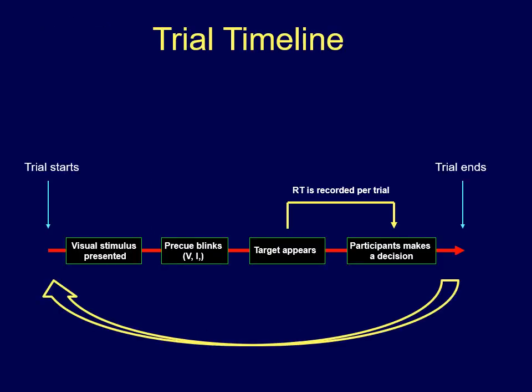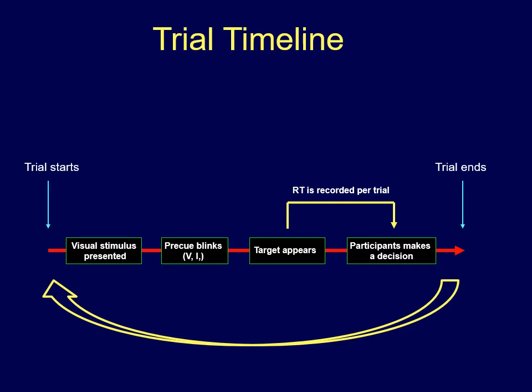Okay, now the trial timeline basically looked like this. You have the trial that starts, followed by the visual stimulus, and then you have the pre-queue that blinks, which can be either a valid trial or an invalid trial, which is why over here it says V or I. And then the target appears. The target will be the go signal.